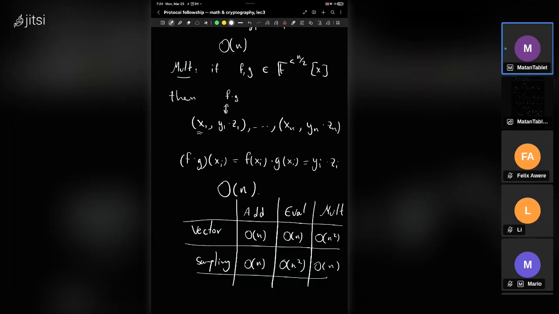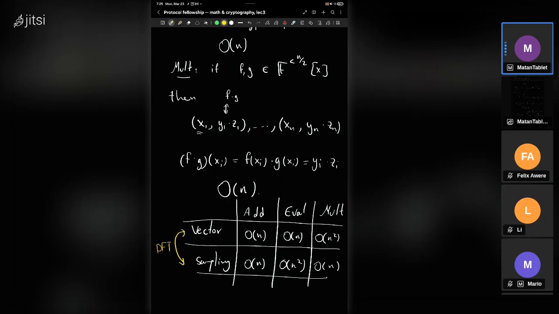And so what do I want? I want a way to move from vector to sampling representation and back. The way to move is called the discrete Fourier transform. And I want to move from sampling to vector or vector to sampling representation in less than n squared.